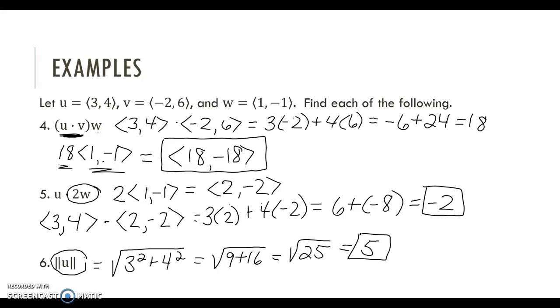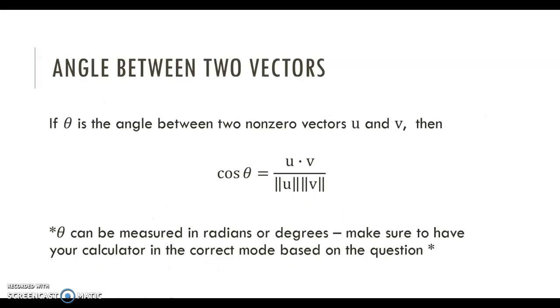And again, your answer for magnitude is also just going to be a scalar, or a number, because magnitude is representing the length of the vector. Okay, so moving on, the other thing that we're going to look at is the angle formed between two vectors.